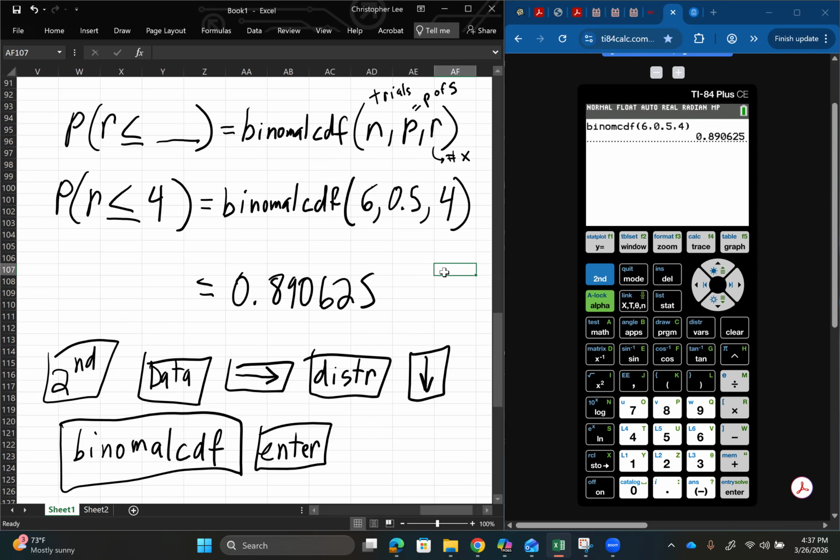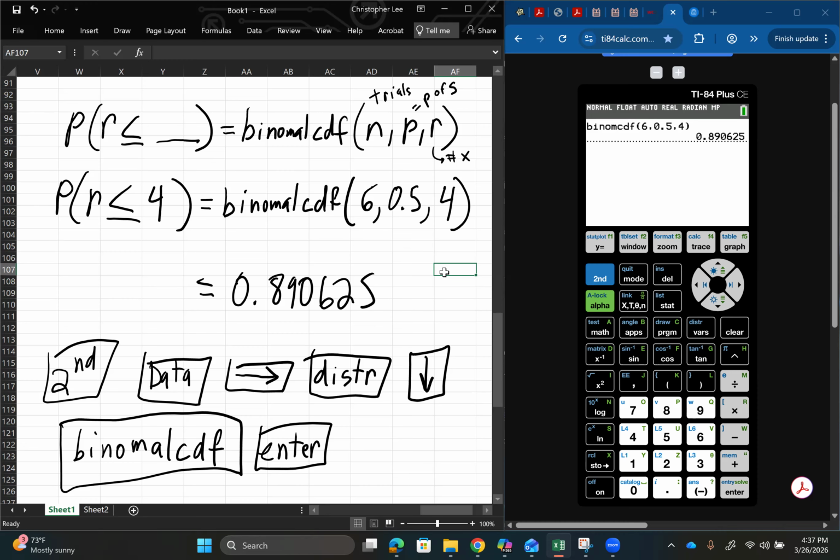So press clear. So what's your trials? Where it says trials, what number is supposed to be there? What number's on the board? Tell me where trials is.